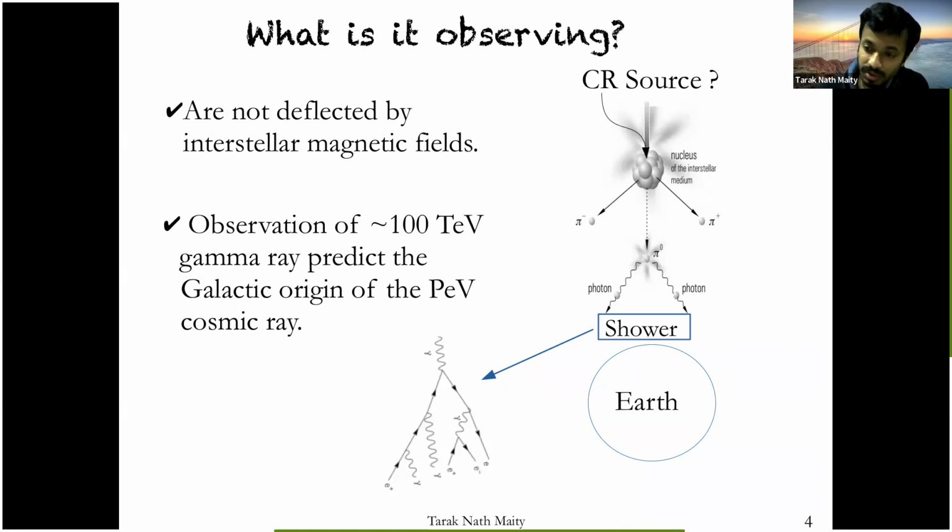If a photon is produced from extragalactic sources, due to this attenuation it would not reach us. That is why I said that if you observe 100 TeV gamma rays, that would essentially indicate a galactic origin of PeV scale cosmic rays, sometimes known as PeVatrons. So the bottom line here is to understand cosmic ray physics better.